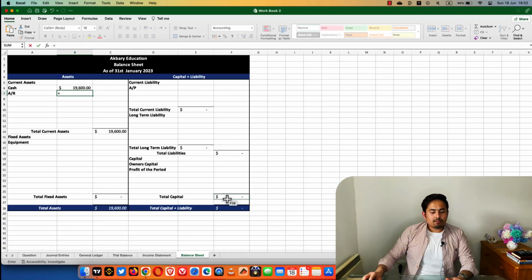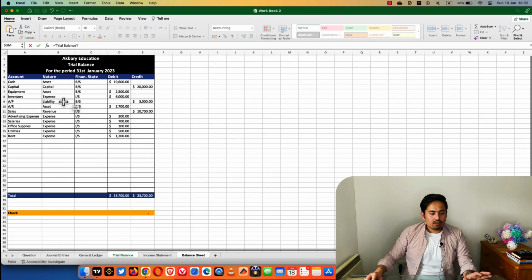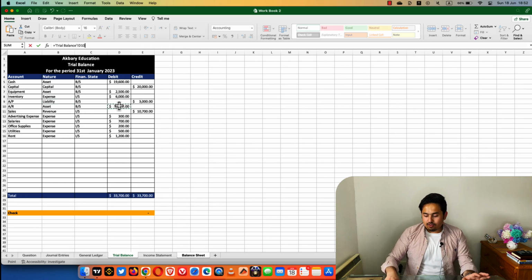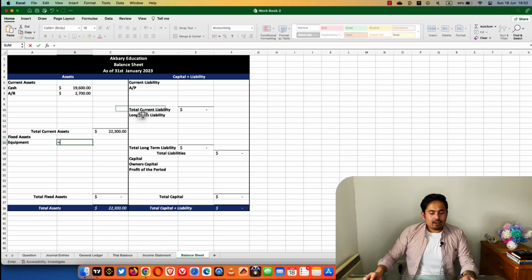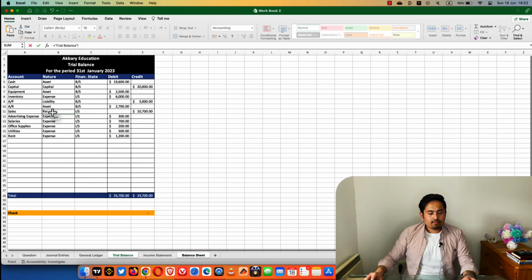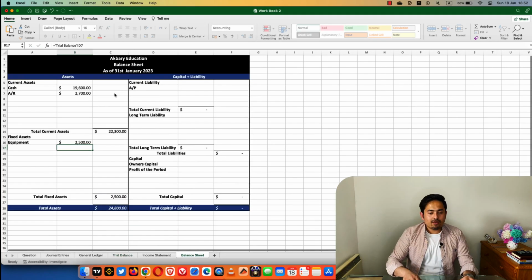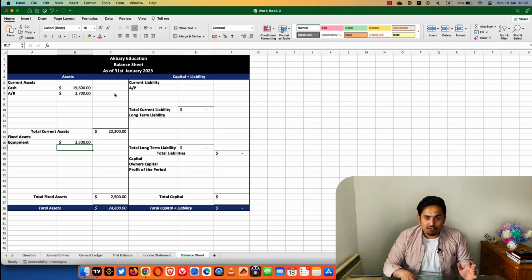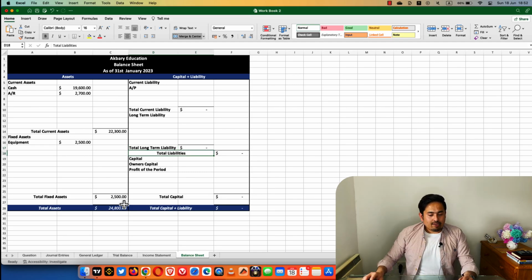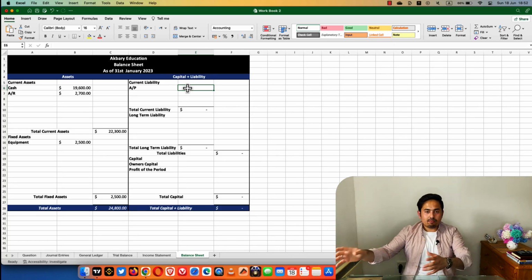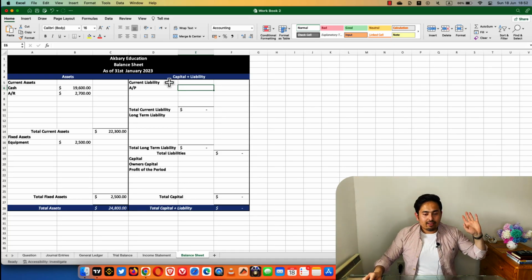The account receivable, which was also a current asset, is 2,700, and the equipment, which is a non-current asset here, is equal to $2,500. Boom. It means that our total asset is $24,800.